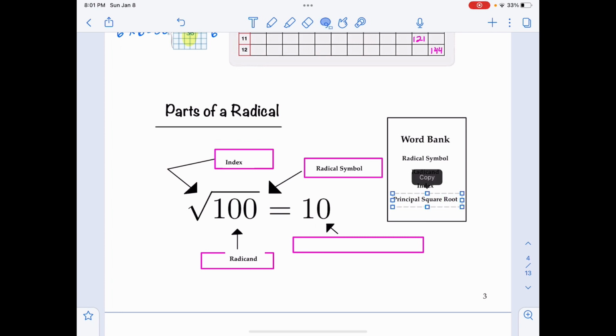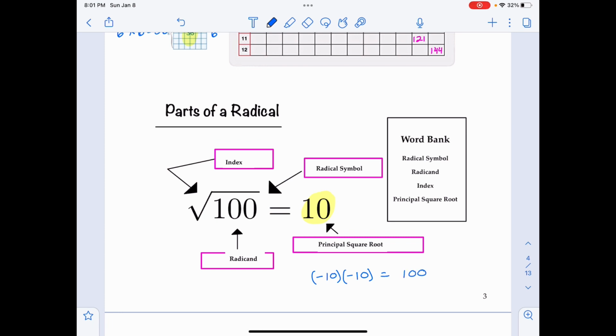Now, the only kind of square root that we're concerned about right now is the principal square root. The principal square root is always going to be the positive square root. Now, square roots can be negative. Negative 10 times negative 10 is positive 100.